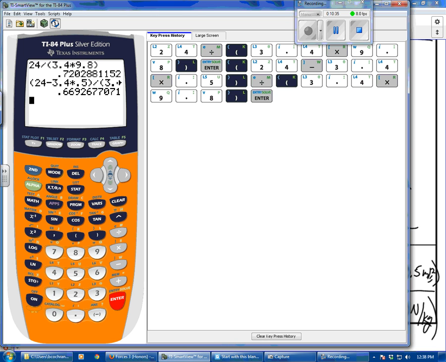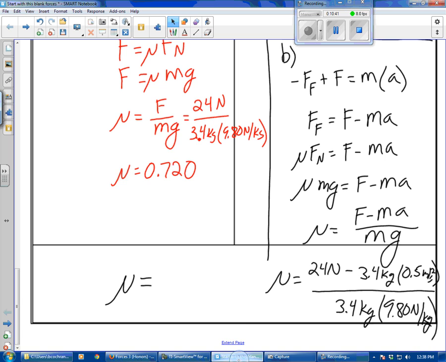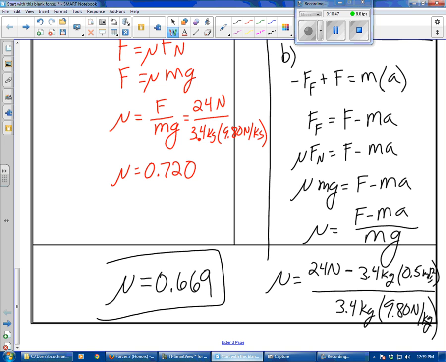And I get 0.669, which makes sense because it should be less than my previous one, since it's now accelerating when the same force is applied.